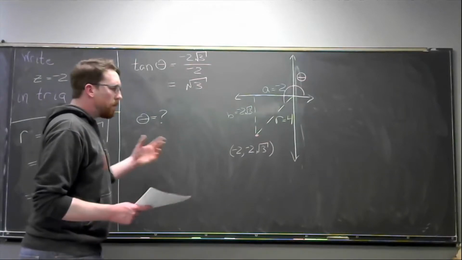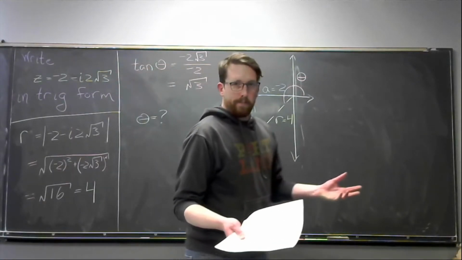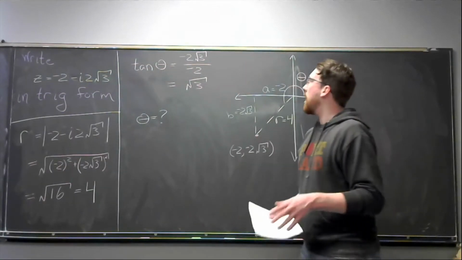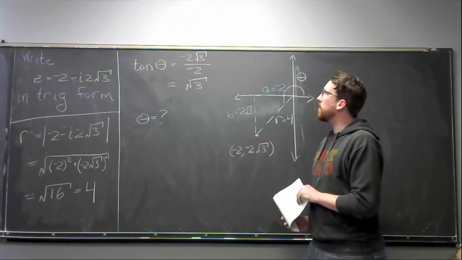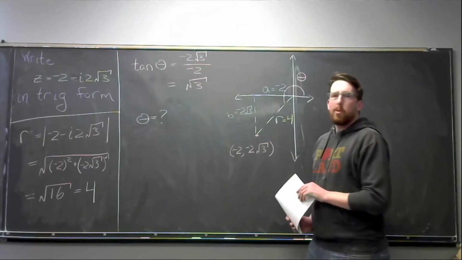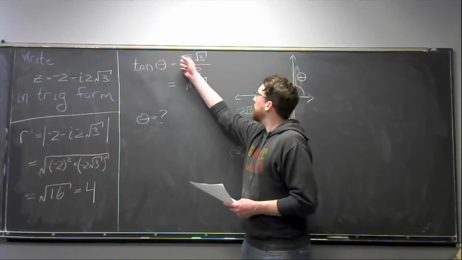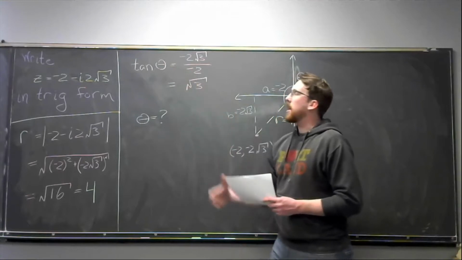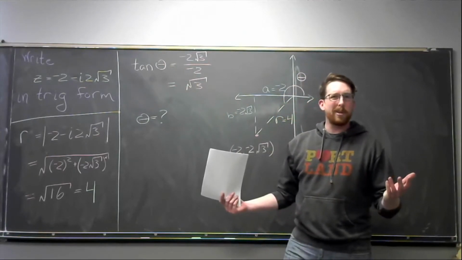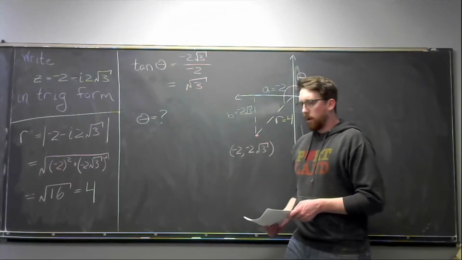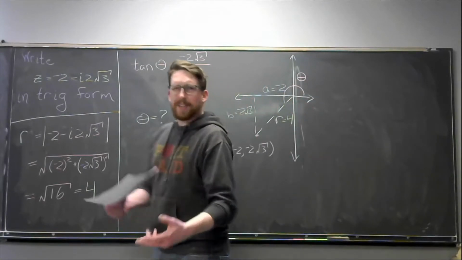Now, next we want to find out what the angle is, right? So when we do the math, we know that tangent of theta is equal to b over a. So that's negative 2 times the square root of 3, divided by negative 2. Well, that comes out to be the square root of 3. So what is that angle?